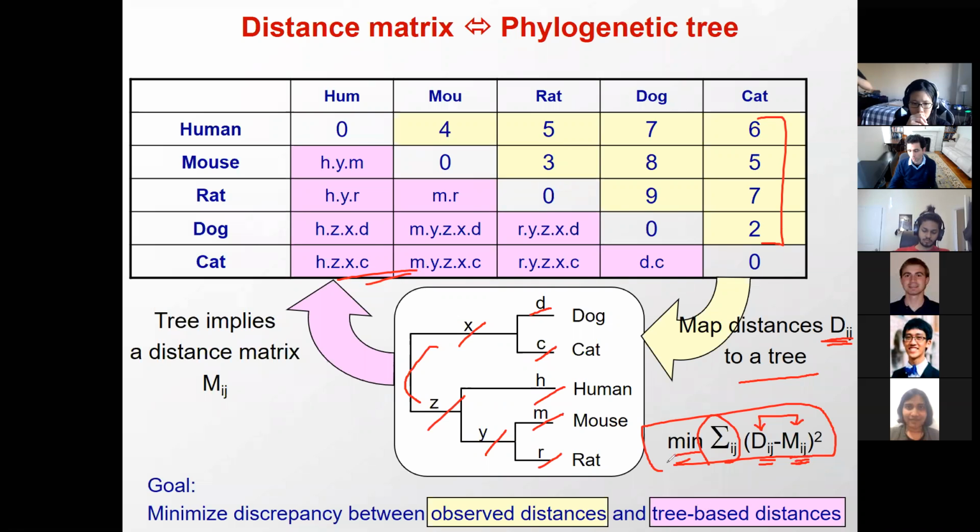So one way to do it would be to find the set of parameters and the topology that minimize this total discrepancy between the observed distances d and then the tree-based distances m. Okay, so who's with me so far, and are there any questions?